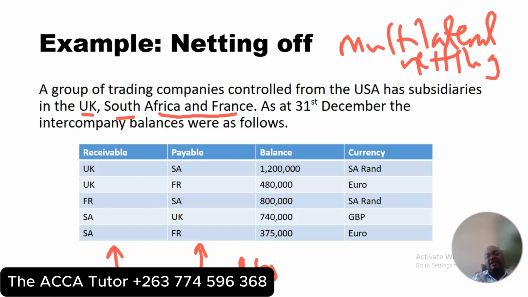For example, in the payables column, we can see that the French company is owing the South African company 375,000 euros.